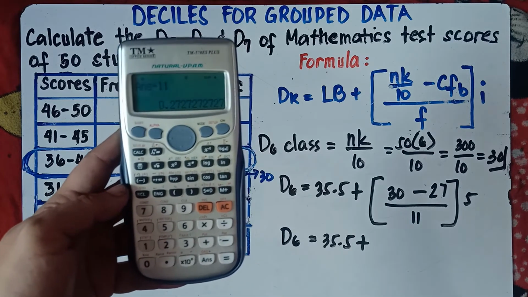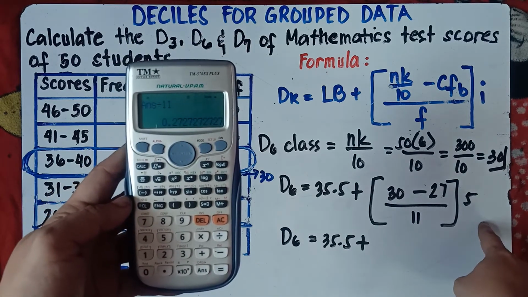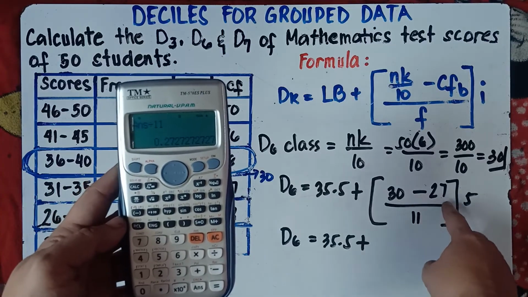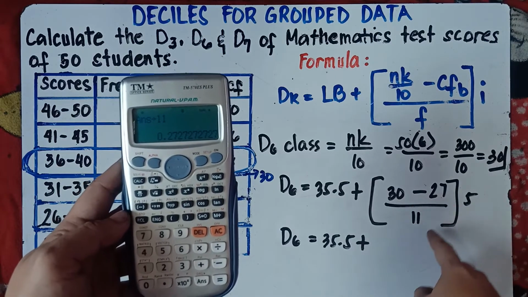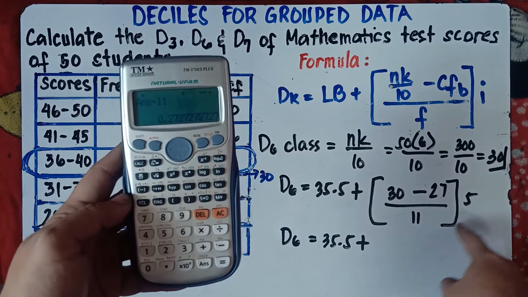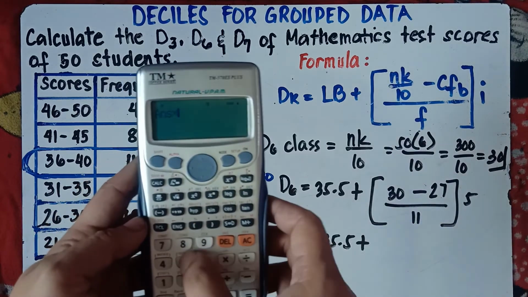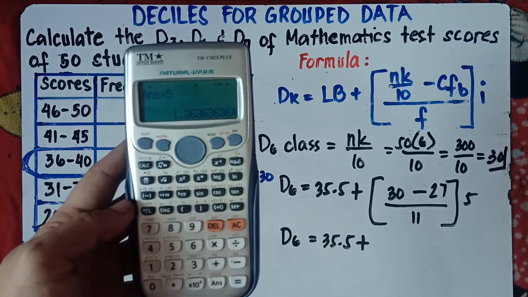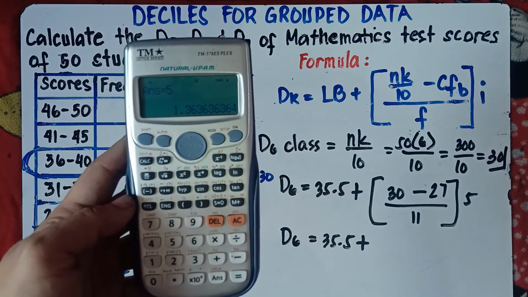So you have 0.272727 and so on. Multiply it by 5. So you will have 1.3636.